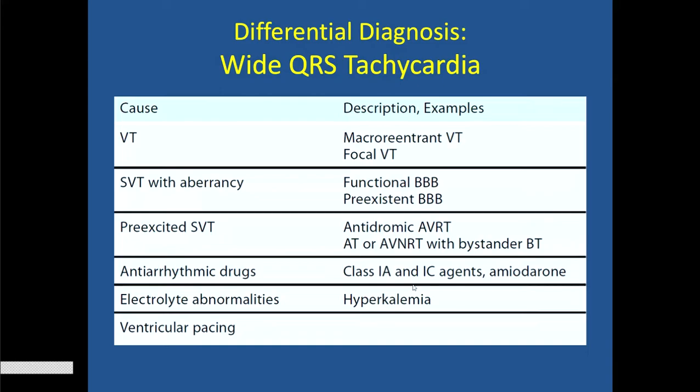So this table gives you the differential diagnosis. As already mentioned, antiarrhythmic drugs like class 1A or class 1C should be taken into consideration. Hyperkalemia also causes broad complex tachy as one of the issues.